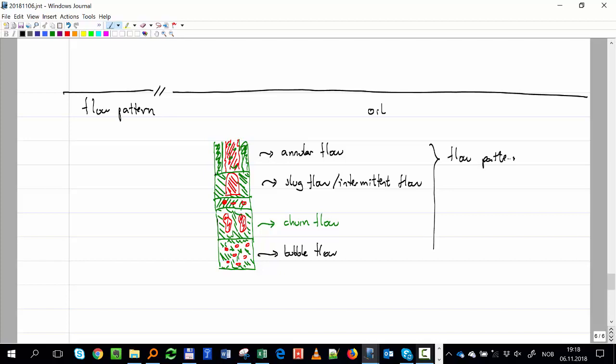These are what we call flow patterns. That's the scientific name it has, and many people have done a lot of research on that. So why do we care about flow patterns? It's nice to see how they look and how they behave, but why do we care in production?